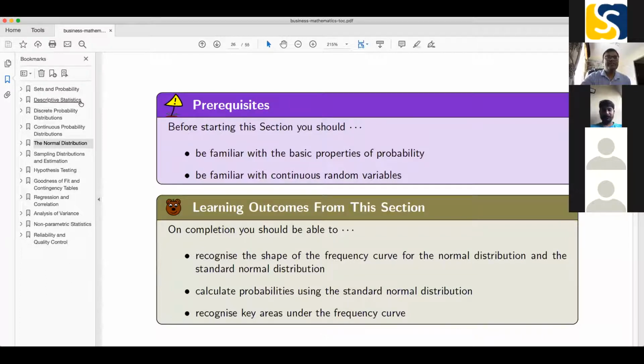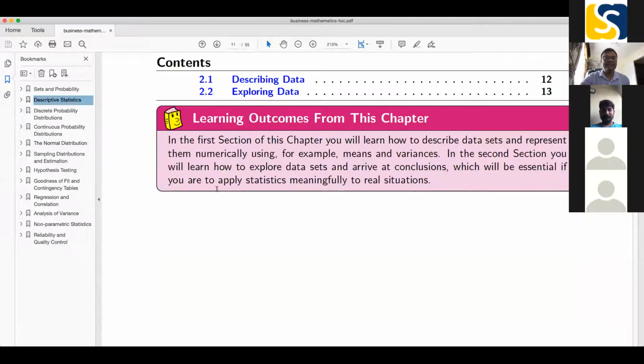Do you know what descriptive statistics means? Let's go there and see what the contents are. Okay, there is an answer of no for descriptive statistics. The word descriptive comes from description. Standard deviation, yes, of course, that is part of what we will be learning.